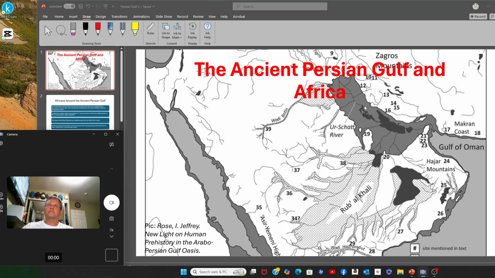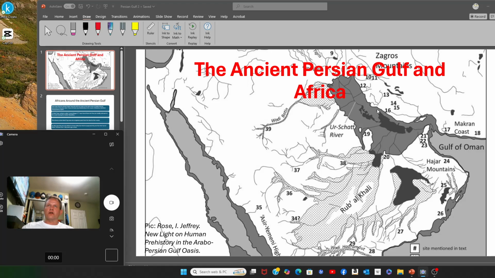And so the darker areas are the areas during the droughts. The glaciers would suck up all the water and drain the gulfs. So these lighter areas are the areas that would dry up and become like an oasis, and the darker area is where there was still water.